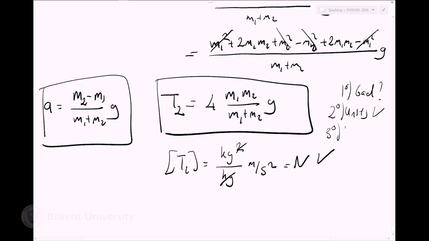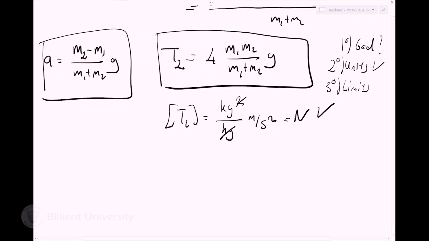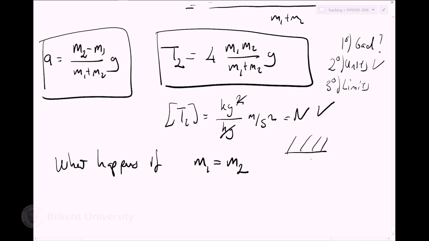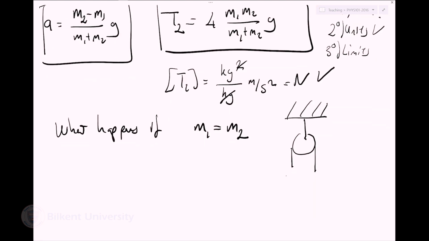How about some limits? Here's a very simple limit we can think about. So what happens if m1 is equal to m2? What do we expect? What should be the acceleration of the system?